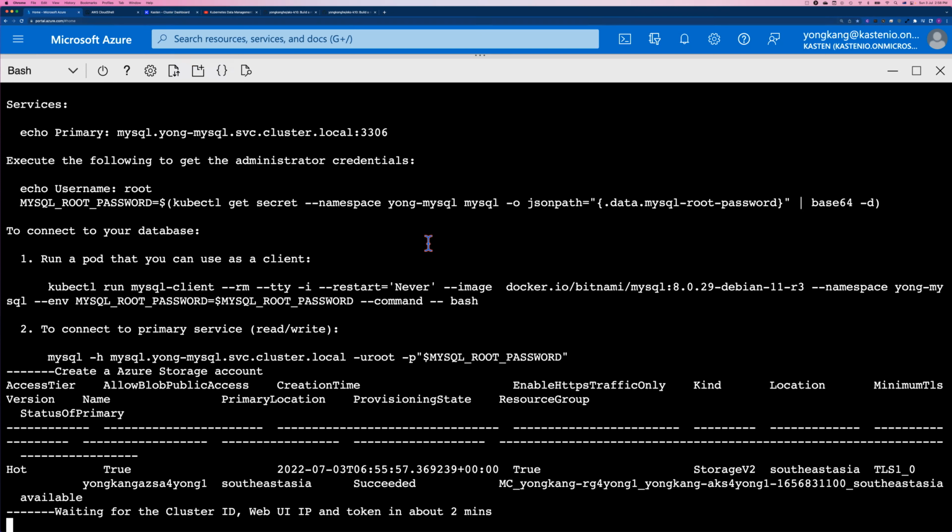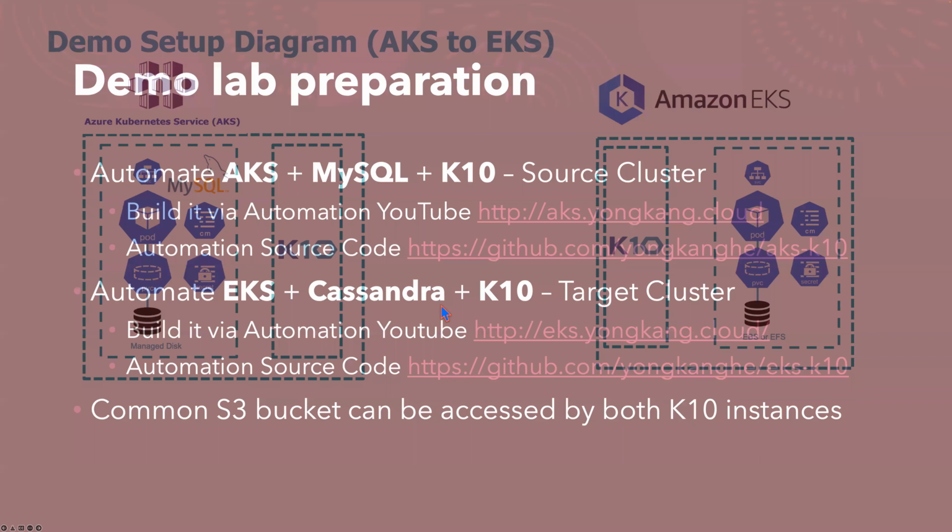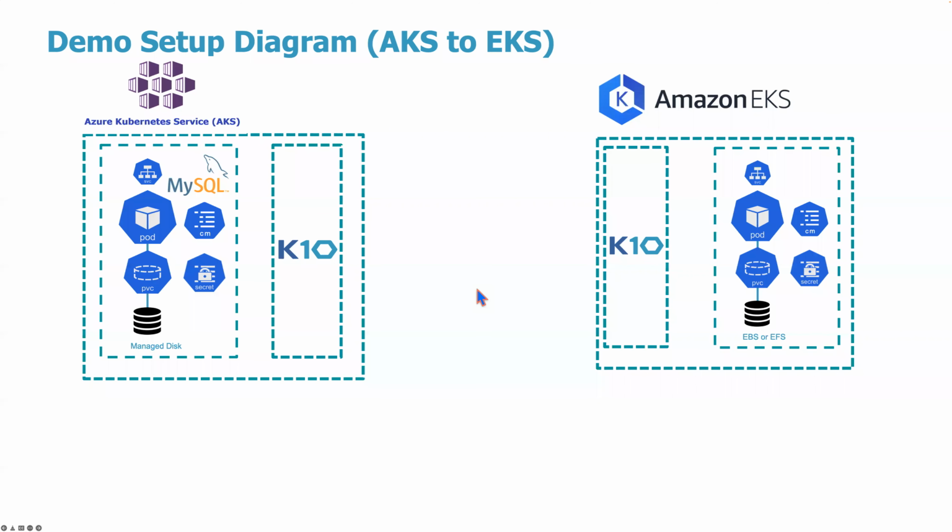So let me come back to my slide deck, just walk you through a little bit. So remember, when I built the lab environment, I used 2 automation scripts. One builds AKS plus MySQL. The other one builds EKS plus Cassandra. So this is a high-level diagram of how it works. On the left-hand side, I got an AKS cluster.